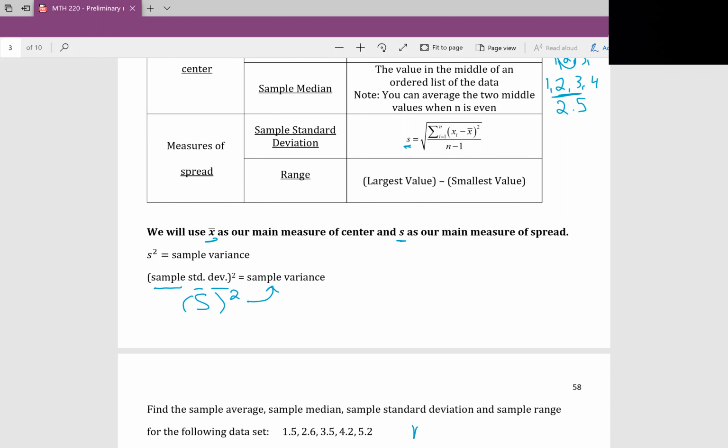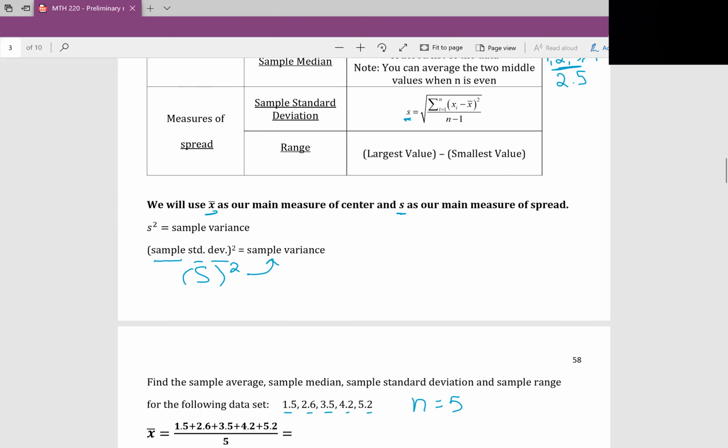What is our sample size for this data set? Yes, it is 5 because we have 1, 2, 3, 4, 5 data points. So here you see I have set up X bar: sum them all up, divide by 5.